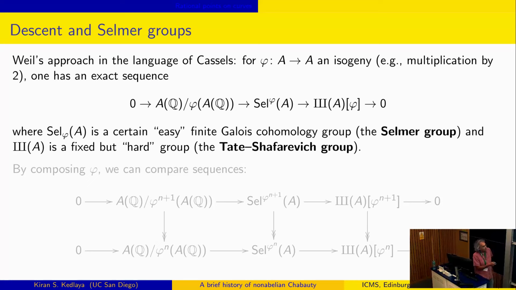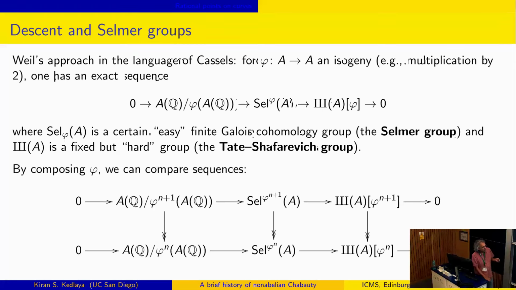You compute these Selmer groups, and that isn't quite the same thing as computing A mod the image of the isogeny, because there's a subtraction coming from a slightly mysterious thing, but it doesn't depend on the isogeny: the Tate-Shafarevich group. So it's some mysterious torsion group. But conjecturally it's finite. And if it is finite, then you can play this game of varying the isogeny.